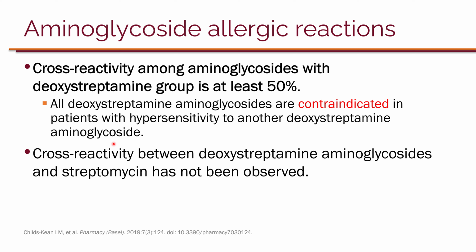And what we have found is that cross-reactivity among aminoglycosides in the deoxystreptamine group is at least 50%, and therefore all deoxystreptamine aminoglycosides are contraindicated in patients with hypersensitivity to another deoxystreptamine aminoglycoside. Whereas cross-reactivity between deoxystreptamine aminoglycosides and streptomycin has not been observed.